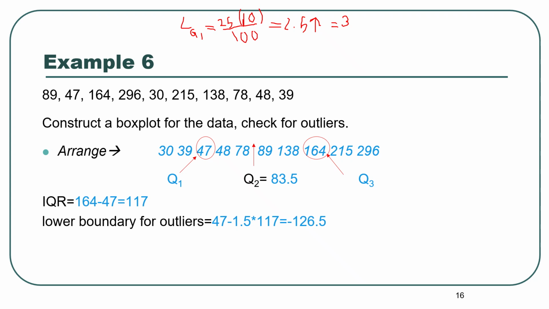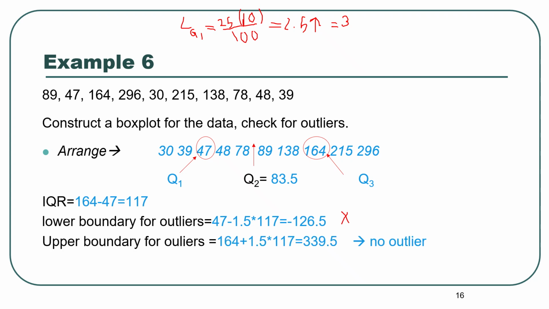So any observation below that negative value would be considered an outlier in the small direction, in the left tail. The smallest one was 30, so we don't have any outlier in that direction. So bingo, my left whisker would be extended to 30.